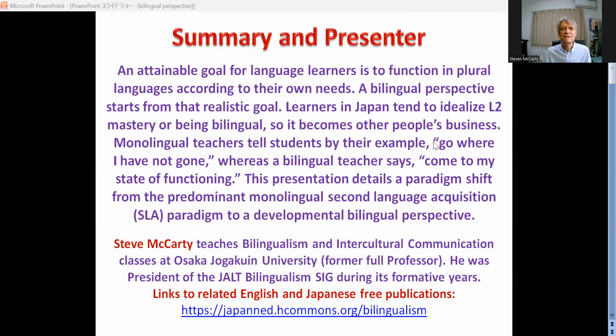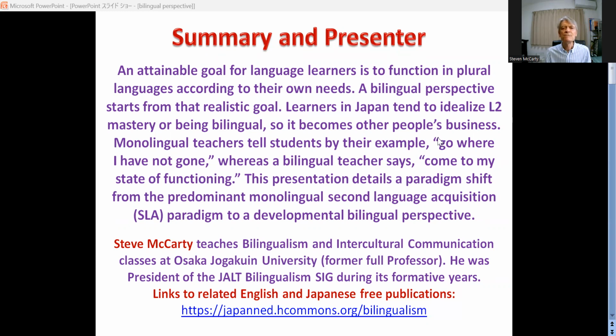Regarding the last sentence of the summary, I'll call attention to the presentation detailing a paradigm shift from the predominant monolingual second language acquisition paradigm to a developmental bilingual perspective. Second language acquisition in itself is a good thing, but the monolingual approach to it may be problematical in some ways.